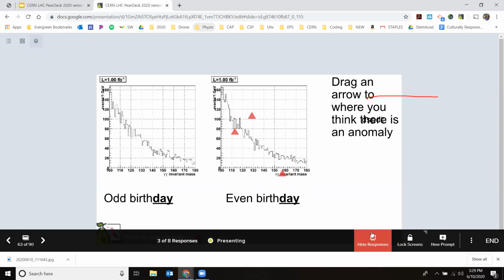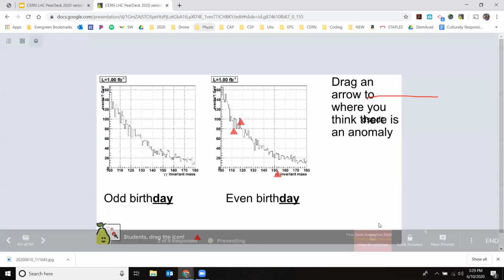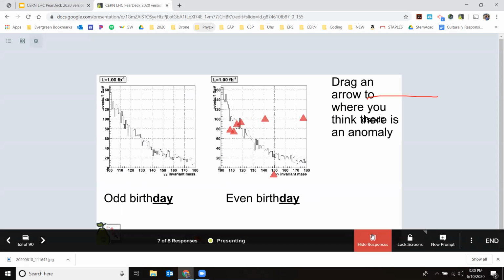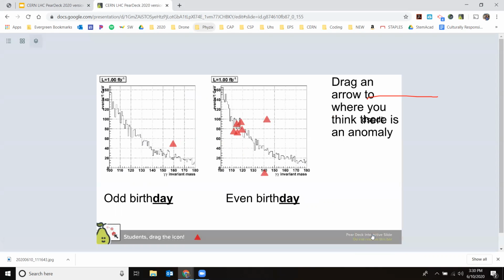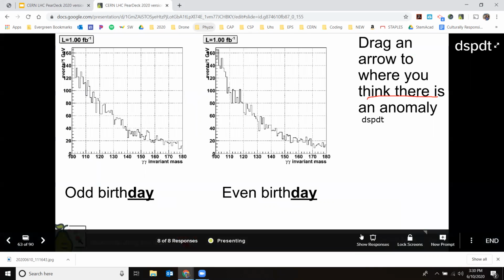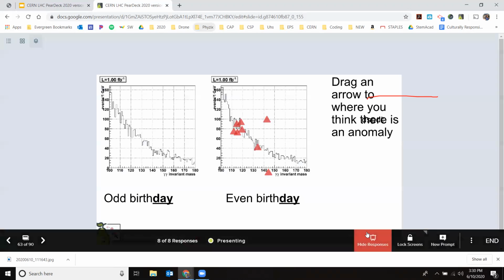We got a couple. You little punks, you're all doing even. Oh my, conspiracy. You, yeah, I got one. To be fair, my birthday actually is on an even day. Same here, 24th. I'm pulling up Skyward.